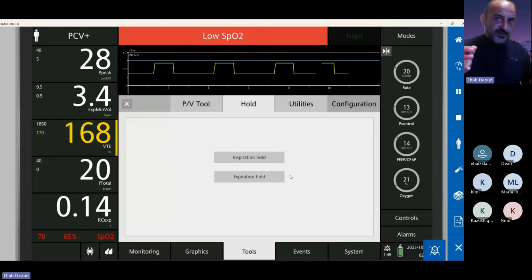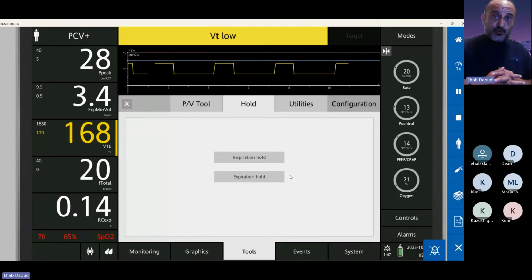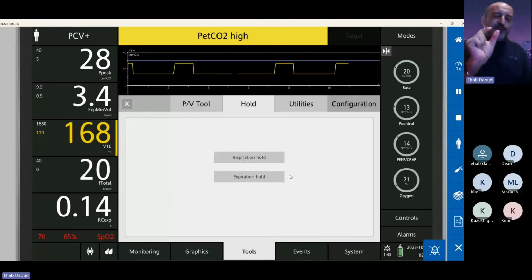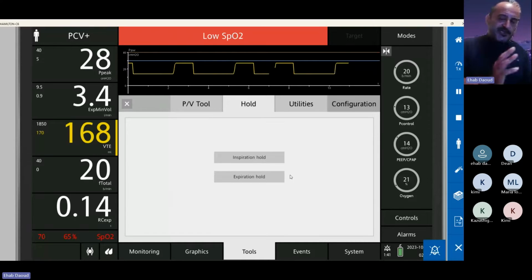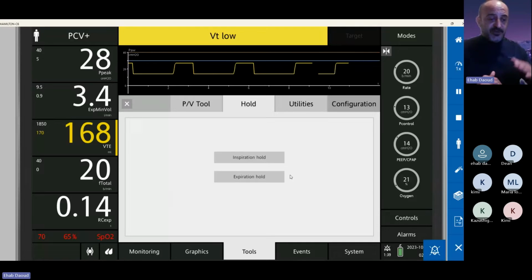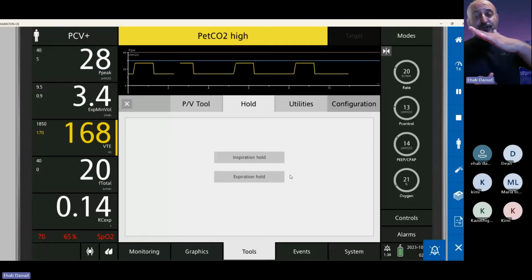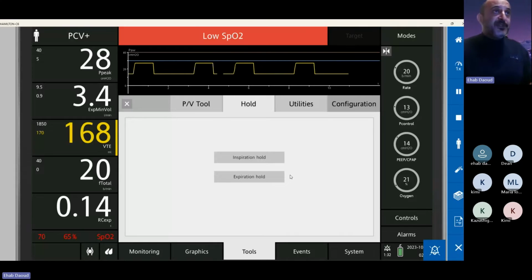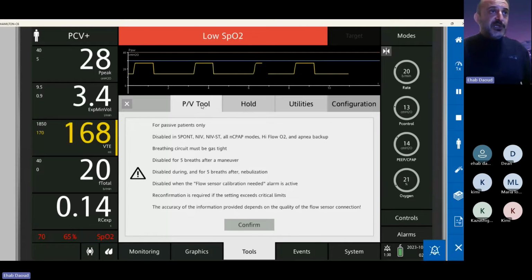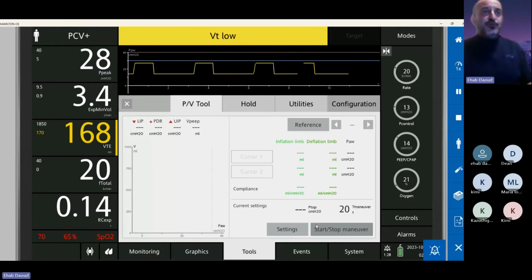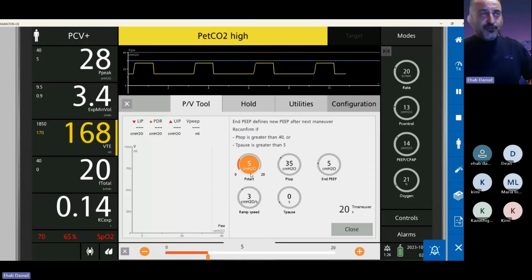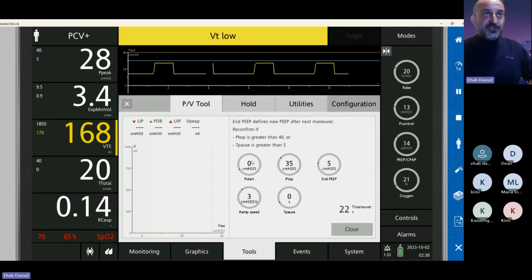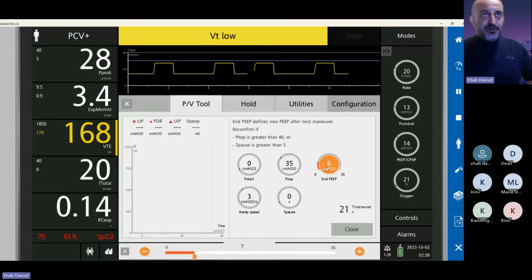You put the patient on the volume controlled mode with square constant flow, but you have to set a very, very low flow, less than 4 or 5 liters per minute, so the inspiratory time becomes very, very long. But I'll show you why the PV tool is nice, because you can start your PEEP from whatever you want. I like to sometimes start from 0 PEEP and end at 0 PEEP.